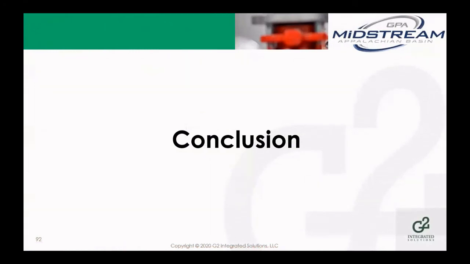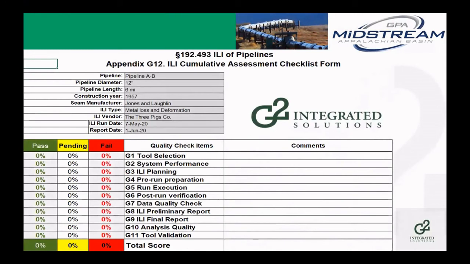And finally, let's review what this is meant to be. This is a systematic approach to look at all the stages during the inline inspection run. You have to assess all parameters taken as a whole. The big picture is what we're looking at here, and determining if the tool performs within the requirements.